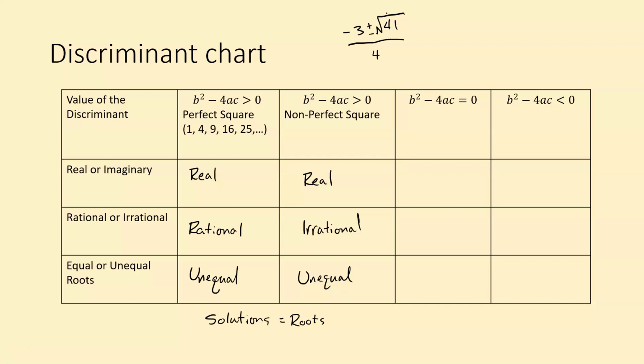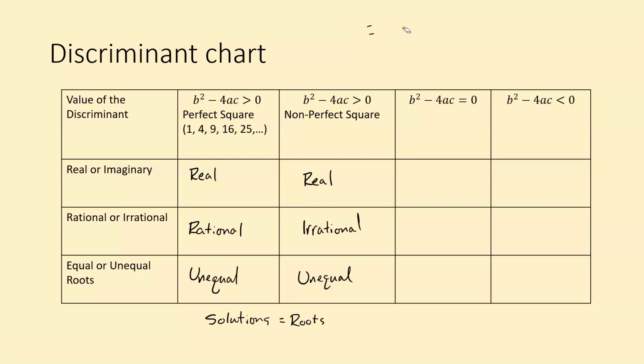We can't simplify this to any integer, fraction, anything like that. And they're unequal because we have two different versions of this answer here: the plus version and the minus version. So two different answers. And that will be true for any discriminant you get that is greater than 0 and not a perfect square.